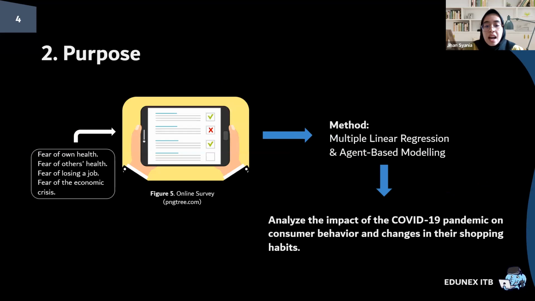For this reason, I conduct a study on consumer decisions in shopping during the pandemic influenced by fear. I use data from an online survey, which will then be processed using the multiple linear regression method to determine what factors specifically influence consumer decisions in shopping.